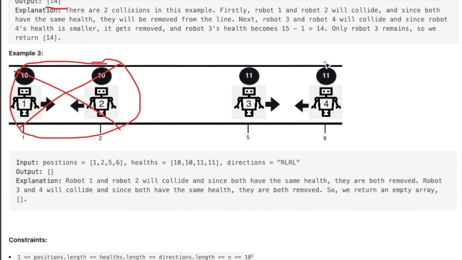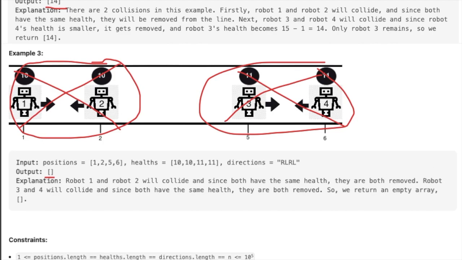And these two are going to collide as well, because this one is on the left-hand side going right, but this one is on the right-hand side going left. So that's why every robot dies, and we just return the empty output.